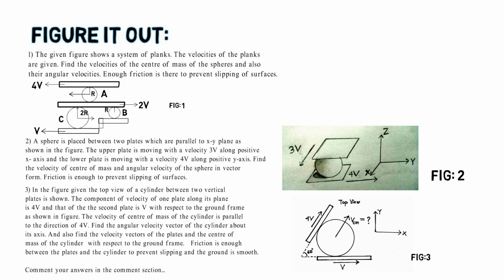Find the angular velocity vector of the cylinder about its axis and also find the velocity vectors of the plates and the center of mass of the cylinder with respect to the ground frame. Here also friction is enough between the plates and the cylinder to prevent slipping and the ground is smooth. You can have a close look at the diagram here.